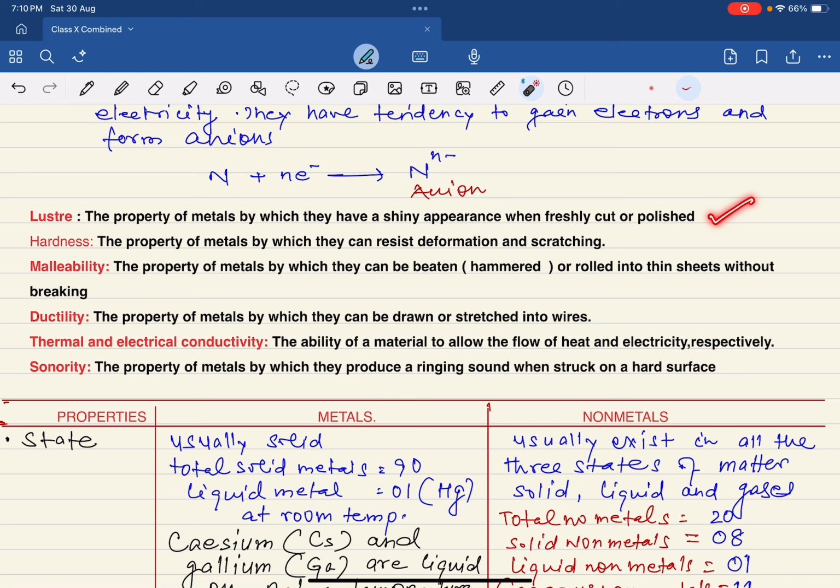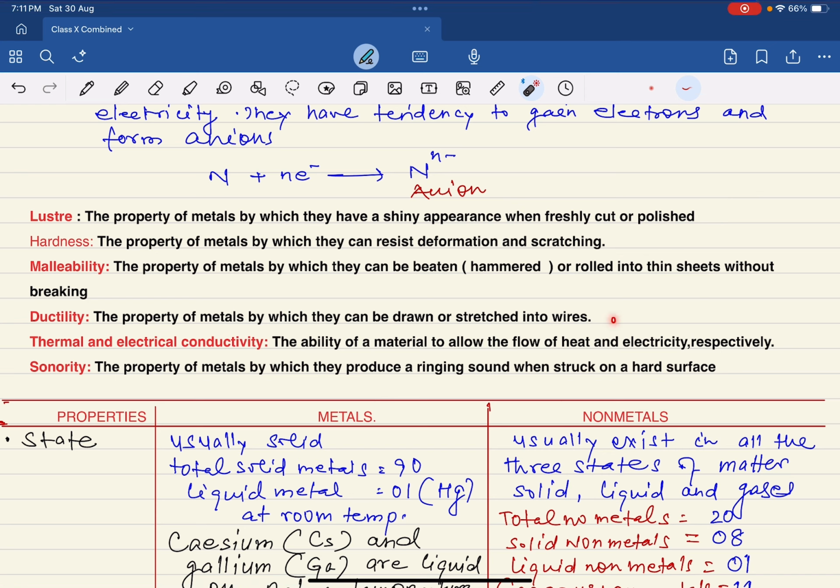Number 2 is hardness, the property of metals by which they can resist deformation and scratching. Number 3 is malleability, a very important property of metals, by which they can be beaten, hammered or rolled into a thin sheet without breaking.